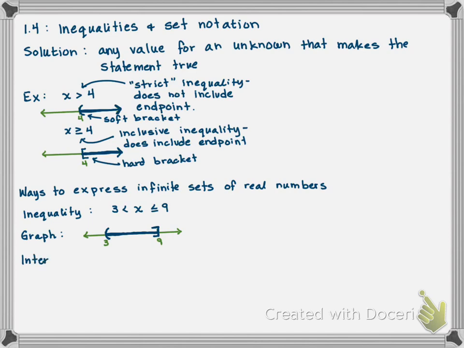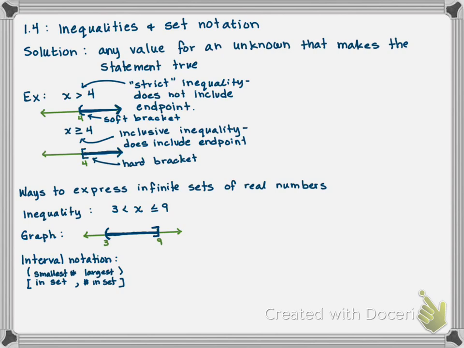So then when we use interval notation, in general, interval notation will either have a soft bracket or a hard bracket, and then it'll have the smallest number in the set, a comma, and then the largest number in the set, and then another either soft or hard bracket.